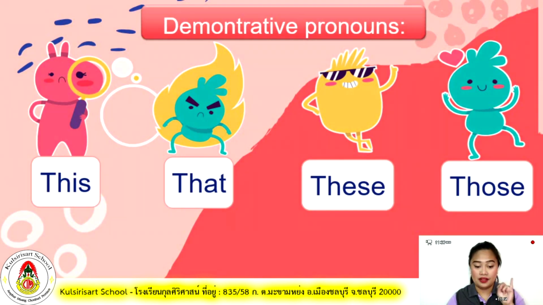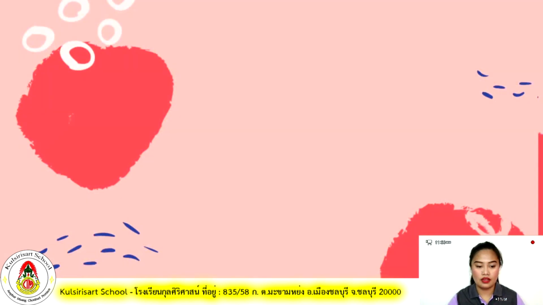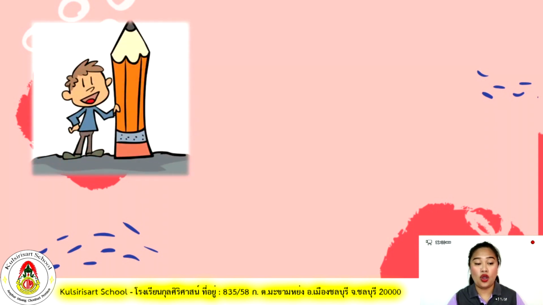We have this, that, these, and those. Again, everybody say this, that, these, and those. Now let's move on. We will be learning when to use those demonstrative pronouns.